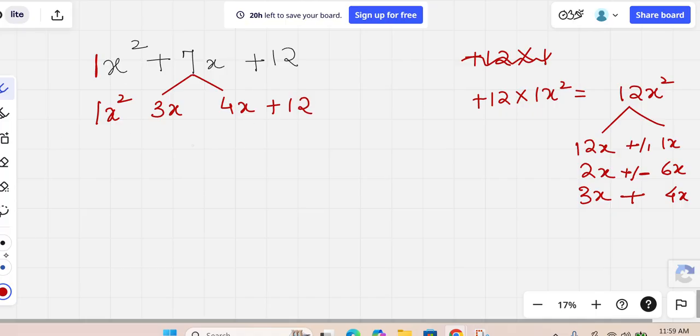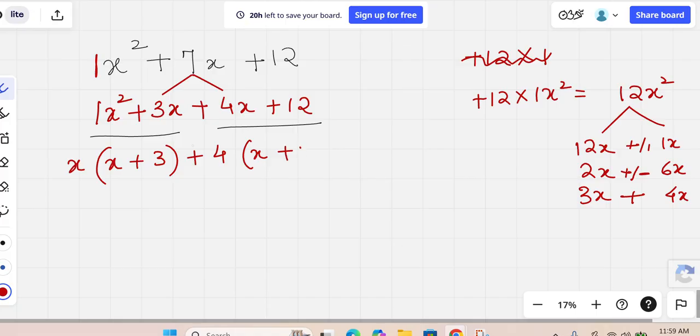When everything is plus, we don't have to worry. We can just put the plus sign easily. After that, we are grouping this and this. Now, in grouping, what is common here? X is common. X plus 3, and here 4 is common. One thing we have to remember: your bracket should be same. If it is not same, you are doing something wrong.